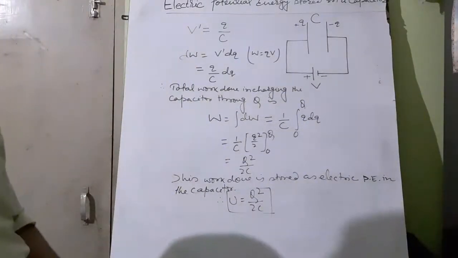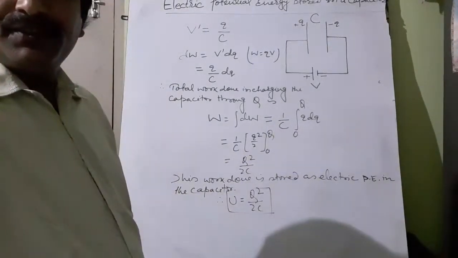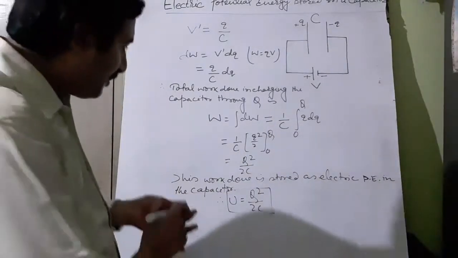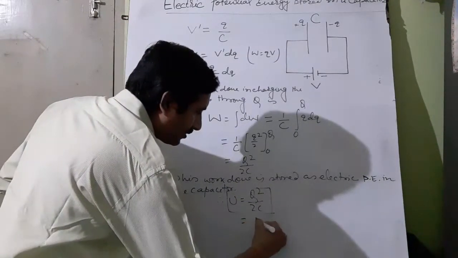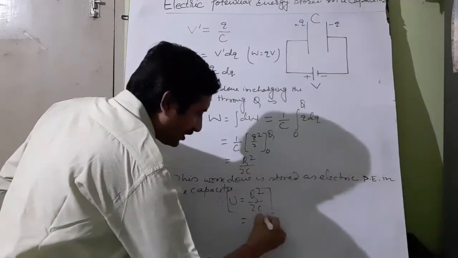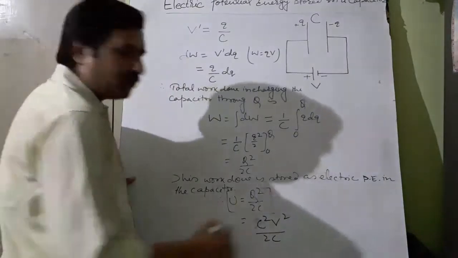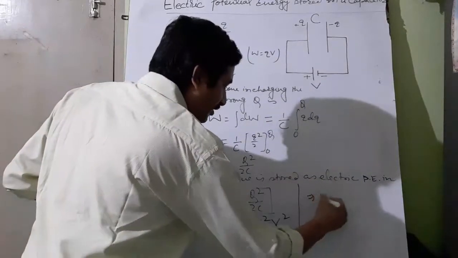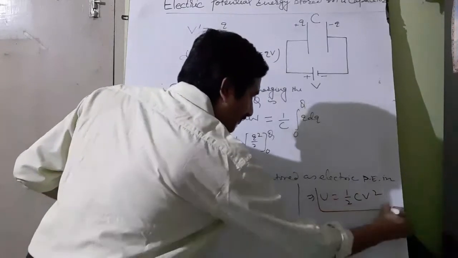Now just check. Q can be changed into CV. Q is equal to CV, so it becomes C square V square by 2C. So you can also write U is equal to half CV square.